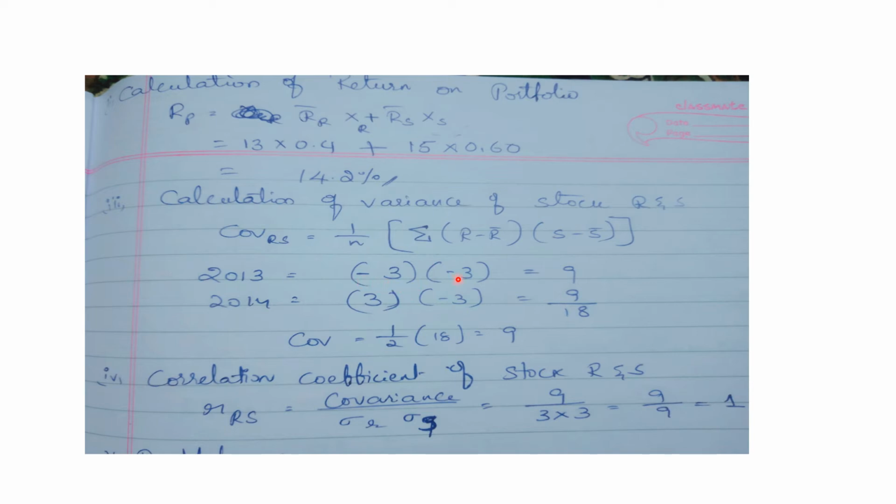So there, minus 3 into minus 3 comes to 9. Same way for 2014, it is 3 into 3, that comes to 9 here. So the total is 18. So 1 by n into, directly you can do it as into 18. So 1 by 2 into 18 is nothing but 9.